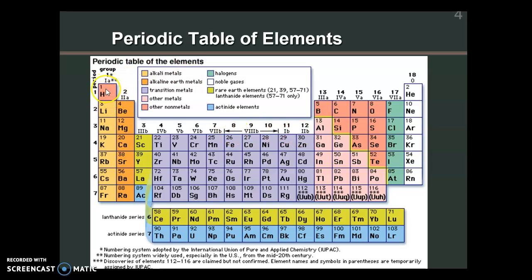You should be able to recognize hydrogen by H, carbon by C, nitrogen by N, oxygen, O, phosphorus by P, and sulfur by S. Those are some of the most common elements that we will be seeing in this class. You'll also be noticing Na, that's sodium, and Cl, that's chlorine, as a compound called sodium chloride. More on that in a little bit.